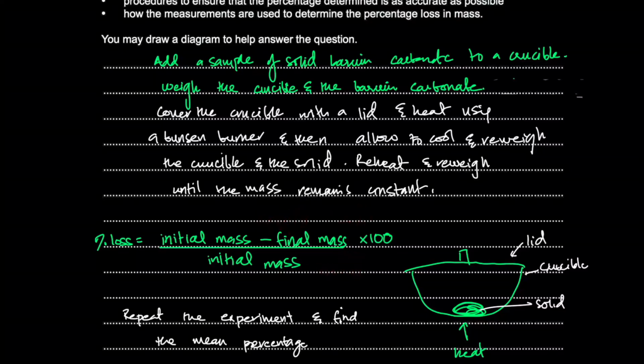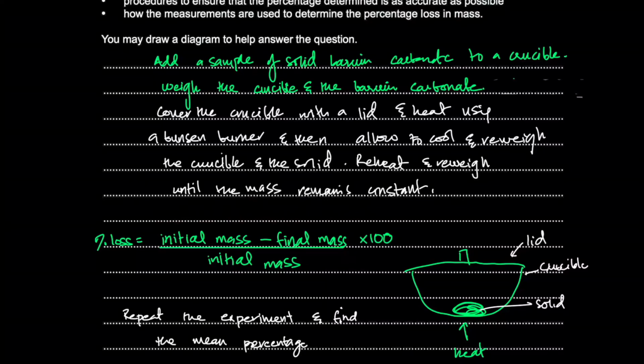You take the average of the two percentages. This is important because it improves the reliability of the experiment. If you get two very different values, like 3% and 6%, you know one of them was wrong, so you should do it again until you get two values that are very close, and then take the average. You should always repeat the experiment to improve the reliability of the results.